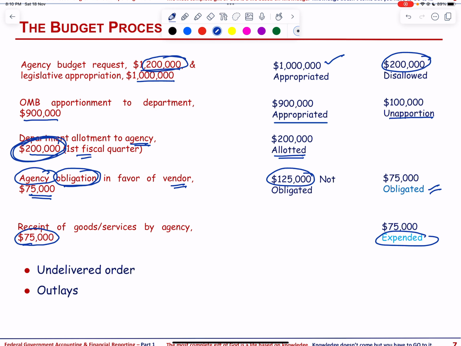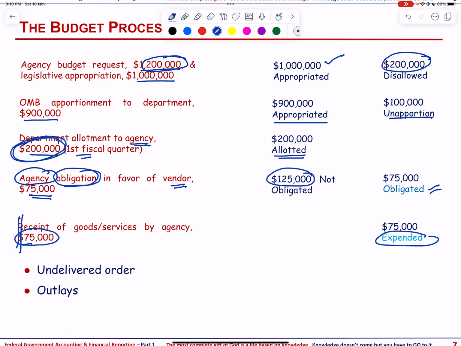It is like an encumbrance in the case of local and state government. An obligation is incurred when an agency places an order or signs a contract or takes other actions that require the government to make payments.